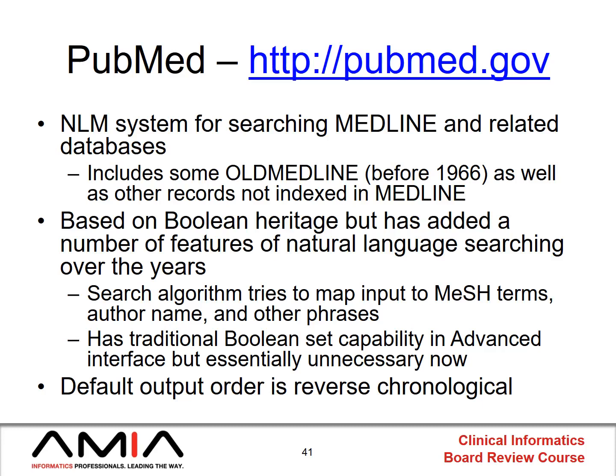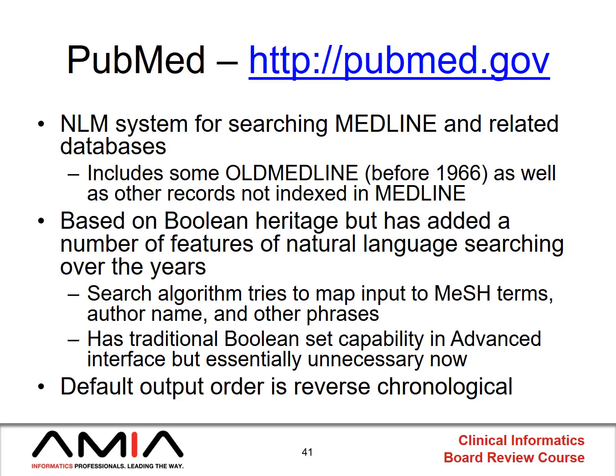PubMed is based on a Boolean heritage, but over the years it has incorporated a number of features of natural language searching. PubMed also does a lot of work behind the scenes. For example, it takes the user input and tries to map it to MeSH terms. It also, if it can't map to MeSH terms, will try to map to author names or other medical phrases.